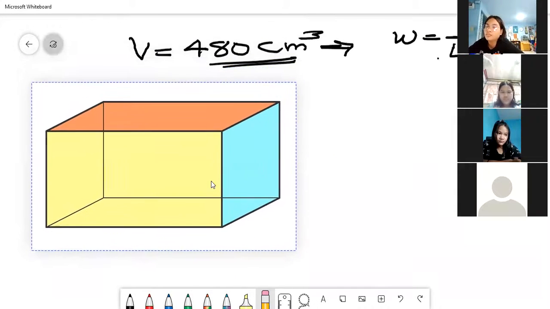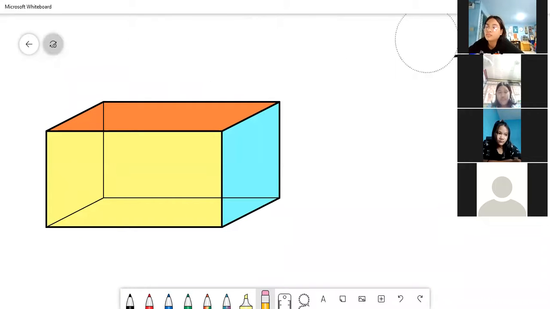Okay, number one, everyone. You draw. Can you color like this? Yes.